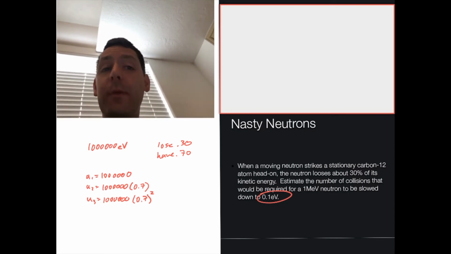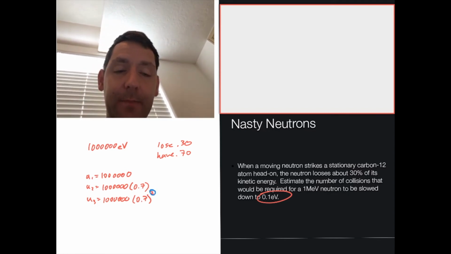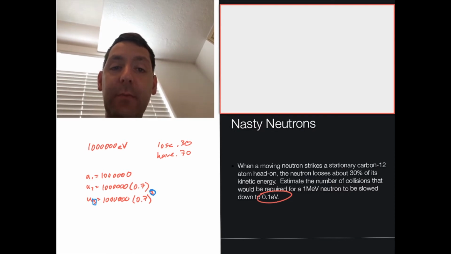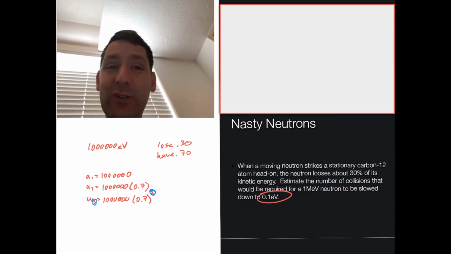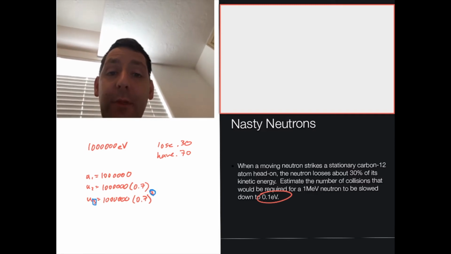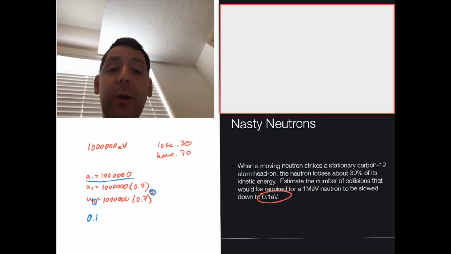Even if you don't remember your formula, recognize that this variable right here is 1 less than the term, right? That is how many times it's run into another carbon. So how many times it needs to run into different atoms. Remember, the first term is actually not important because it hasn't run into anything yet. Okay, so you could say that I want my power to be 0.1.